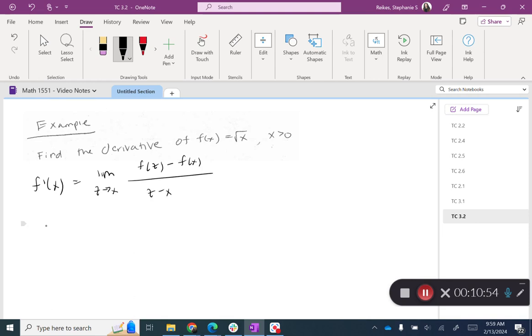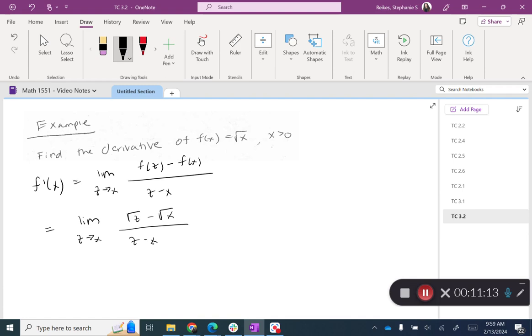And now plugging in, we have the limit as z approaches x of the square root of z minus the square root of x all over z minus x.